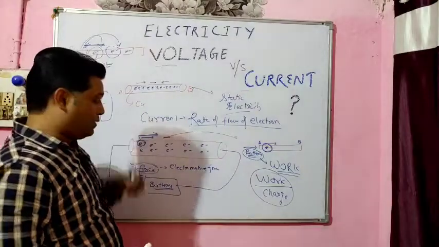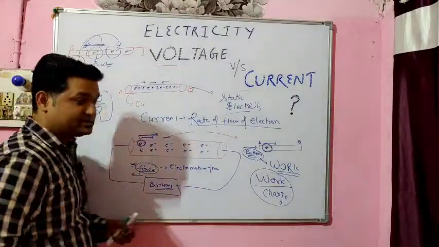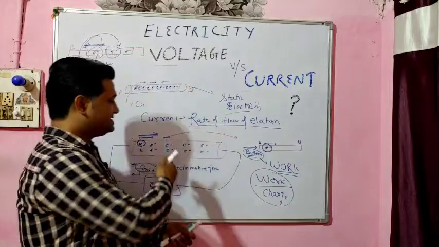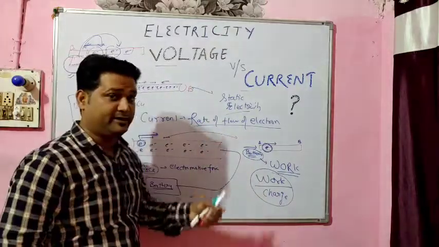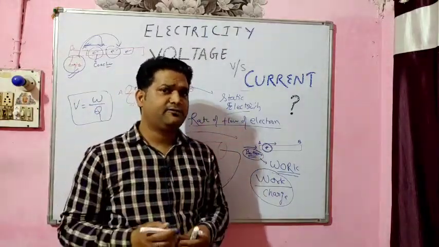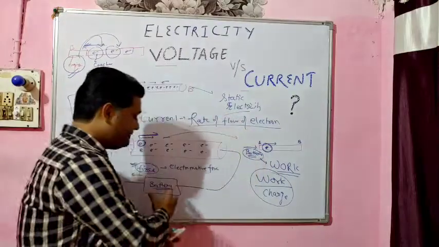Now we know that this battery is doing some kind of work to move this electron from this point to another point. At some instant of time the battery will weaken.